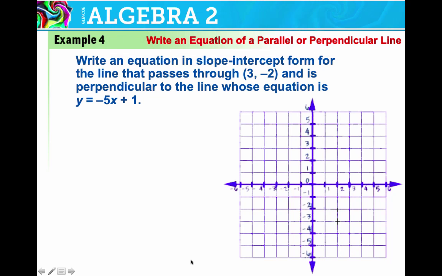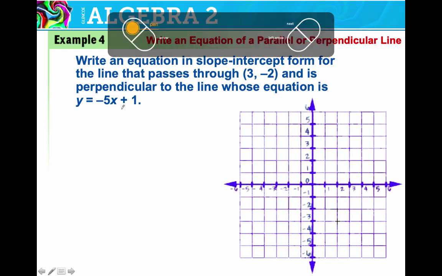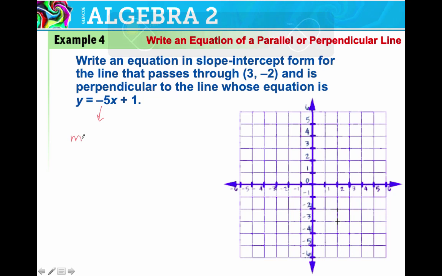Write an equation in slope-intercept form for the line that passes through (3, -2) and is perpendicular to the line whose equation is given. So here's what I like to do. Identify this slope as -5. Identify the perpendicular slope, change the sign, flip it over, positive 1/5.